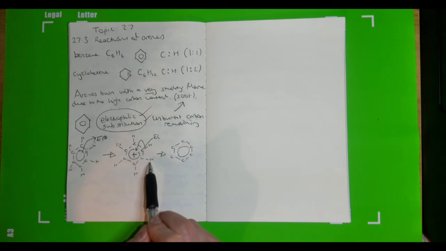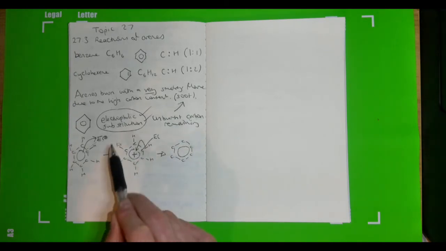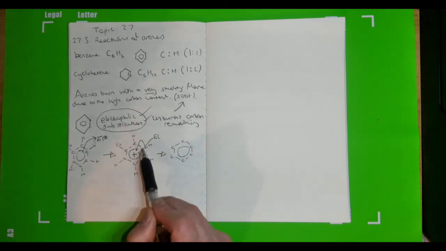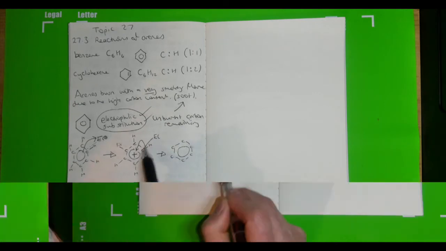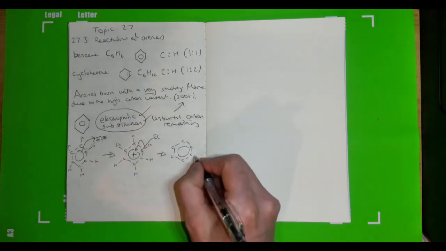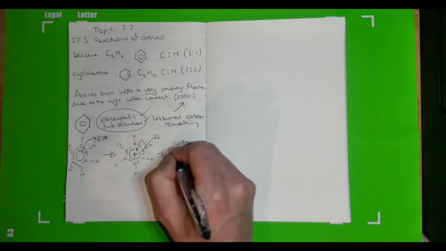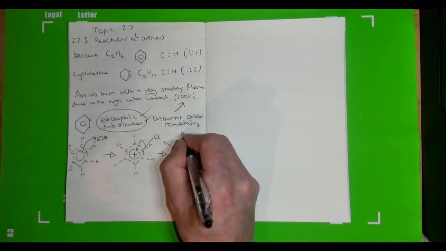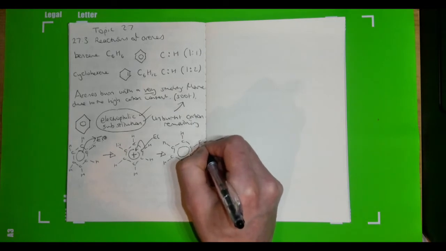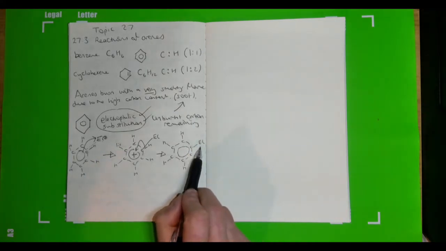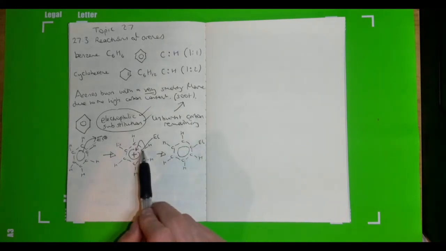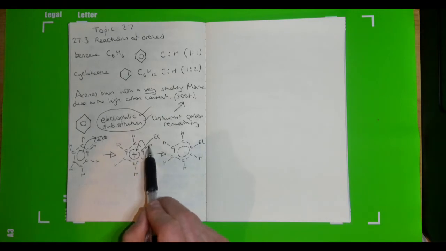I'm going to draw in this hydrogen, that one, that one, that one, and that one, and that electrophile attached to that carbon there, represented by EL. Now, I've broken this bond in this particular step.